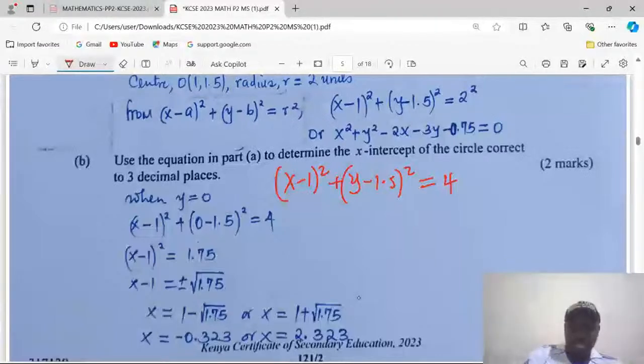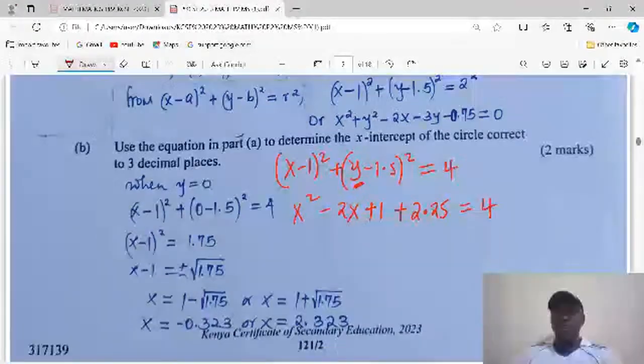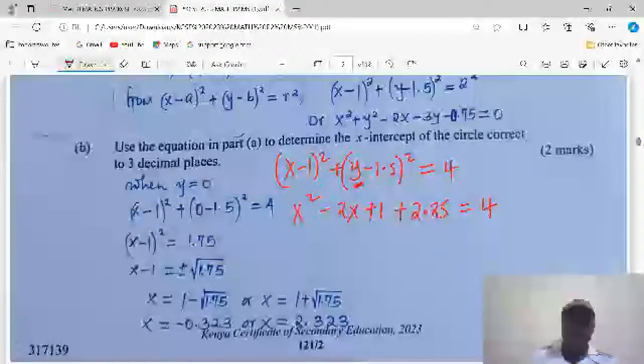And this will be x minus 1 squared, which will be x squared minus 2x plus 1. Therefore, it will be 1.5 squared. Let me get that. 1.5, when we square, we get 2.25. It will become positive, remember? 2.25. This is solved for the 2 possible values of the x-intercept.